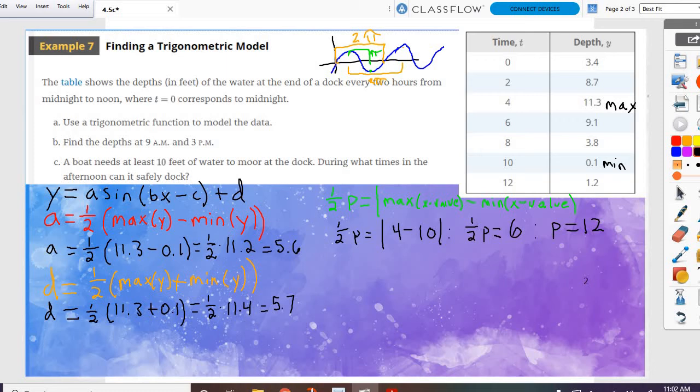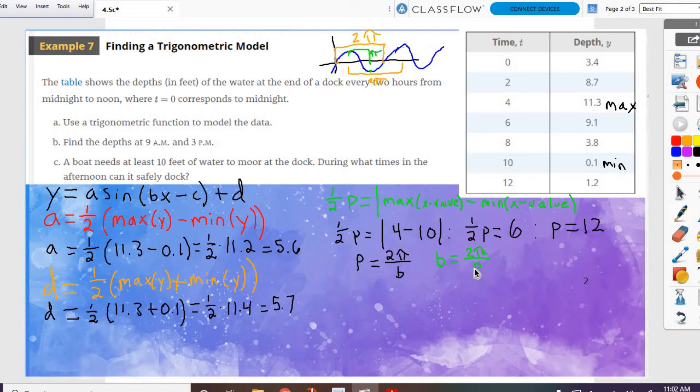So we know that if we wanted to find our b-value, the period of a graph equals 2 pi divided by b, which means that if I were to multiply by b to both sides and then divide by p, our b value is going to equal 2 pi divided by the period.